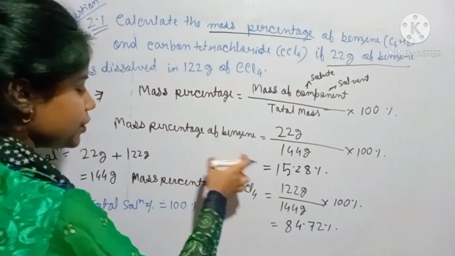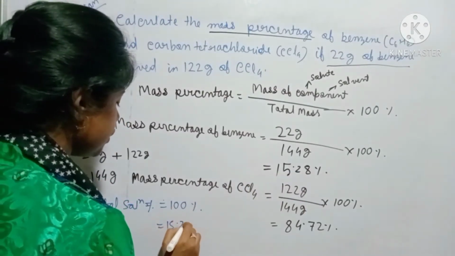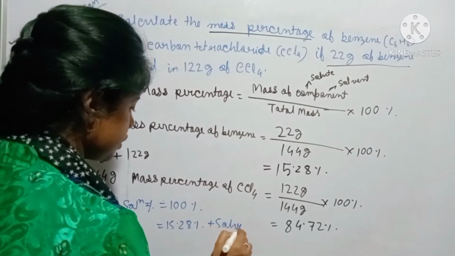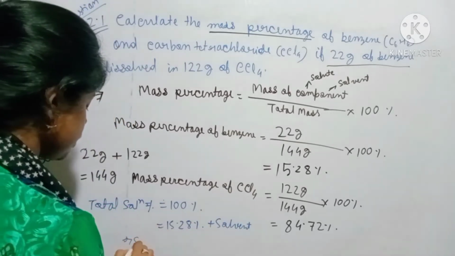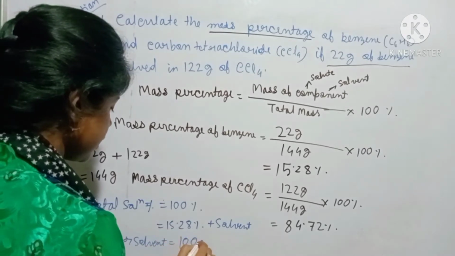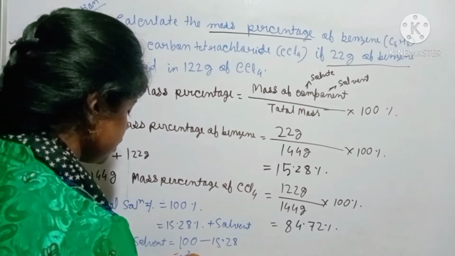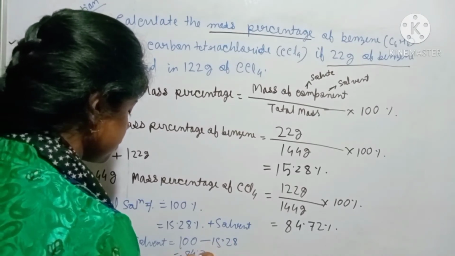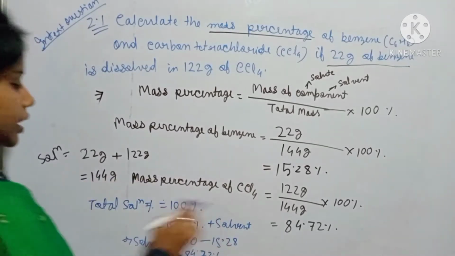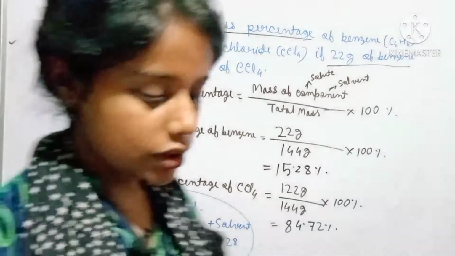If you get 15.28% of solute, then to calculate the solvent, we subtract 15.28 from 100, and we get 84.72%. So in this way you can also calculate. It depends on you which method you want to apply.